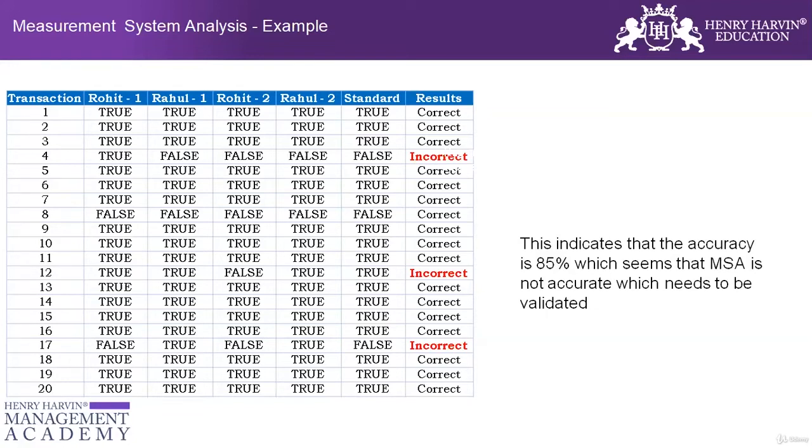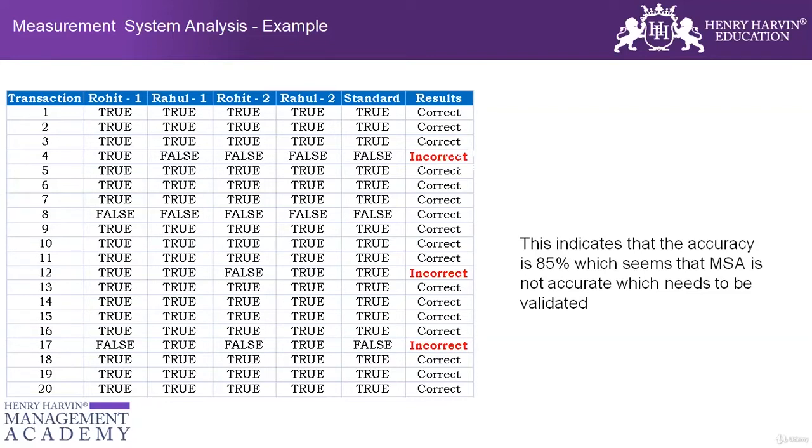In a business process or in any side of the world, in the majority of cases, we have automated reports, an automated system which fetches the reports, and no matter how many times you fetch the report, you will get the same result always. In that particular case, MSA is not required because it's system generated.